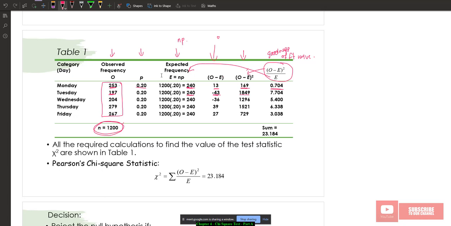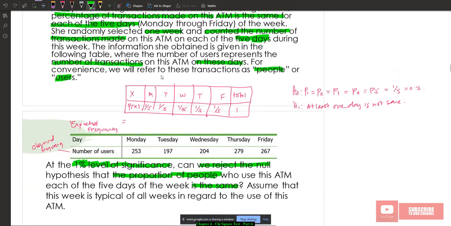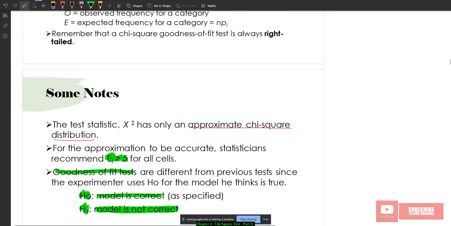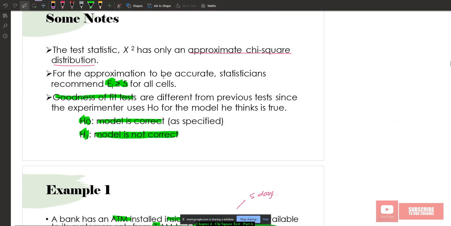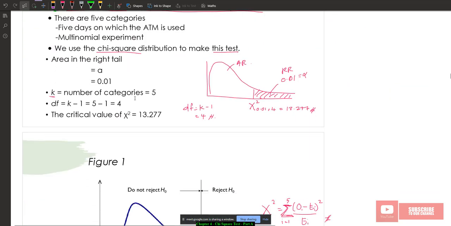So before we proceed with the chi-squared value, before we proceed with steps 4, 5, and 6, we need to check, right? We need to check that the expected frequency for each cell should be more than or equal to 5. Remember this one? I already told you, for the approximation to be accurate, statisticians recommend expected frequency more than or equal to 5 for each cell, right?